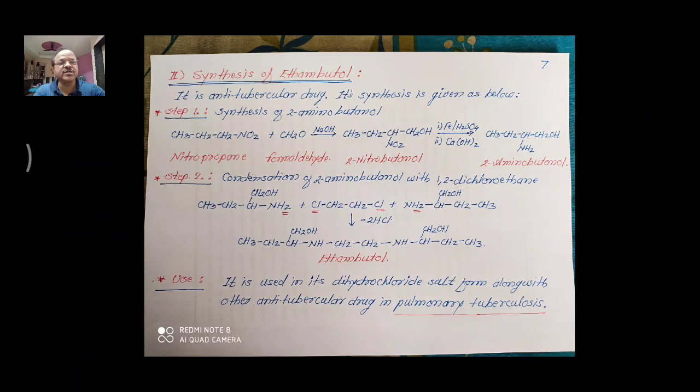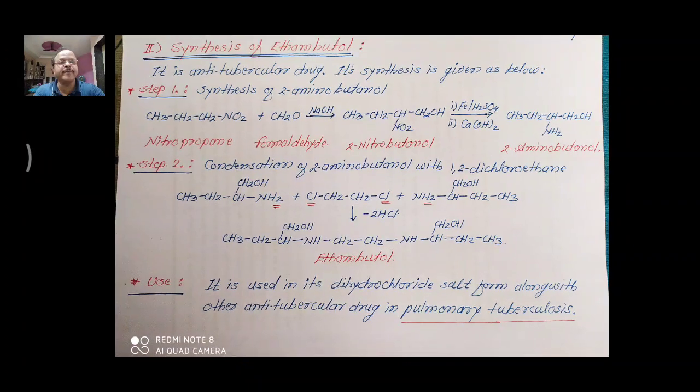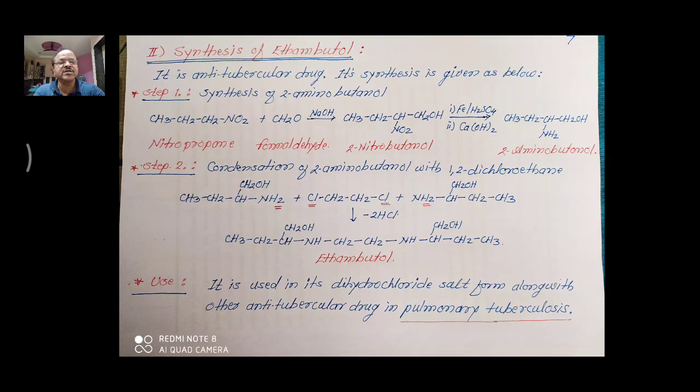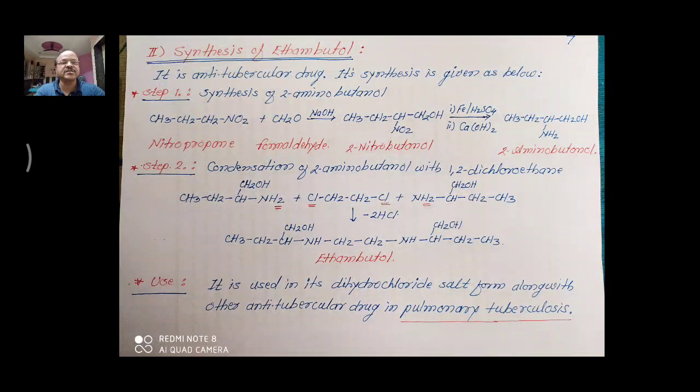Now let's move to the synthesis of the second compound, ethambutol. Synthesis of ethambutol: it is an anti-tubercular drug and its synthesis involves 2 steps.